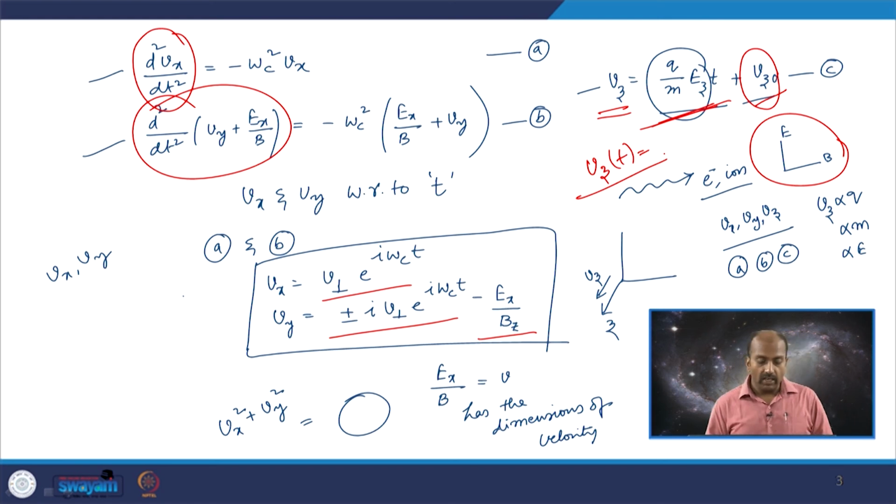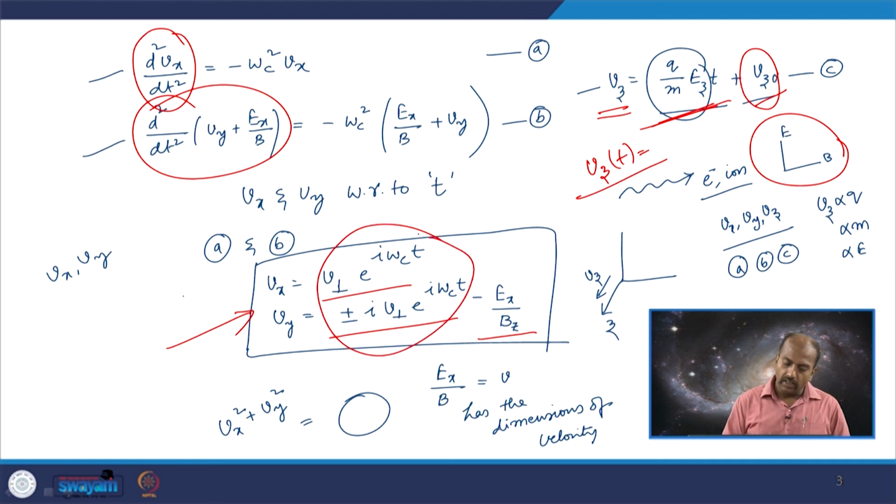But what are Vx and Vy doing? When I get the detailed solution, you can try yourself by taking the second order derivatives and substituting this into these two equations, you can see for yourself whether these equations are satisfied or not. In any case, what these equations represent is that Vx and Vy have terms which are indicating circular motion.